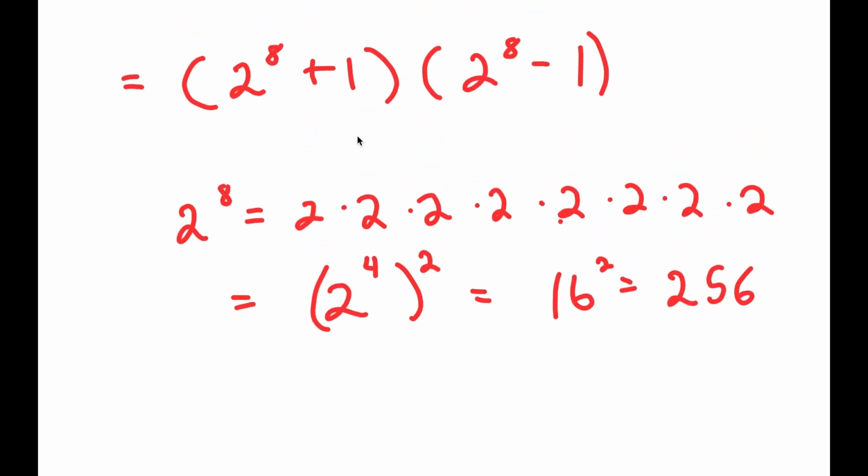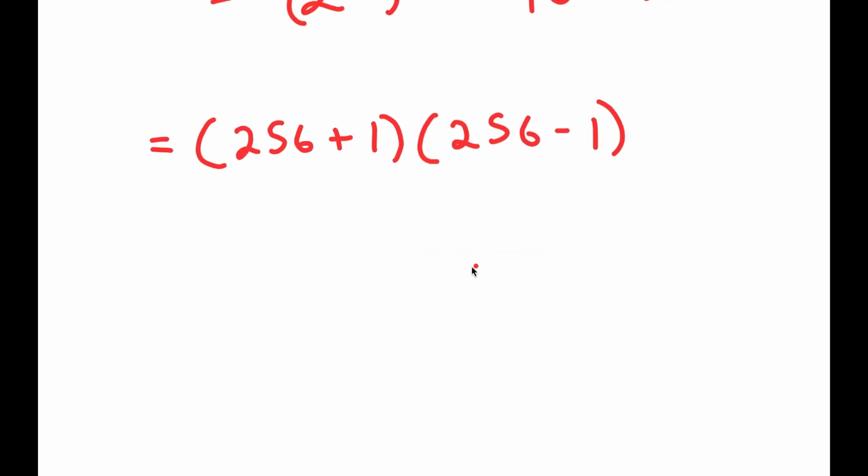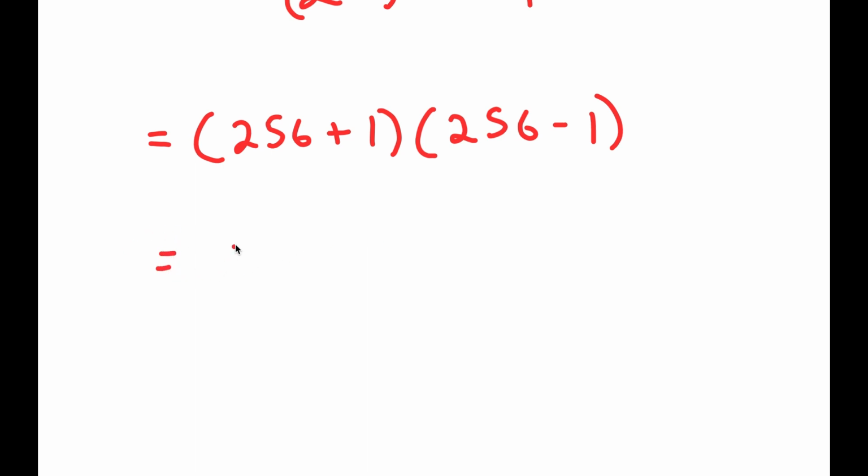So I can replace 2 to the power of 8 with 256. Now I have 256 plus 1 times 256 minus 1, which is equal to 257 times 255.